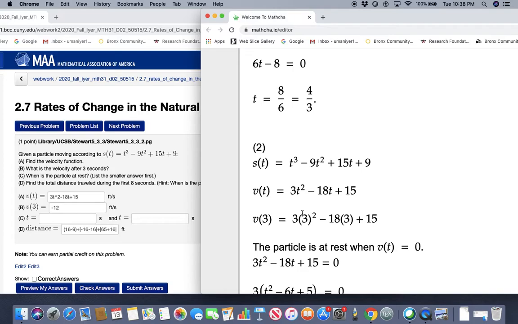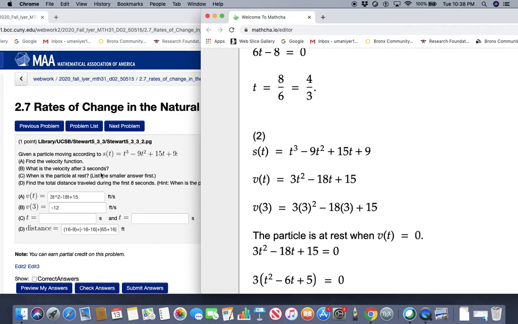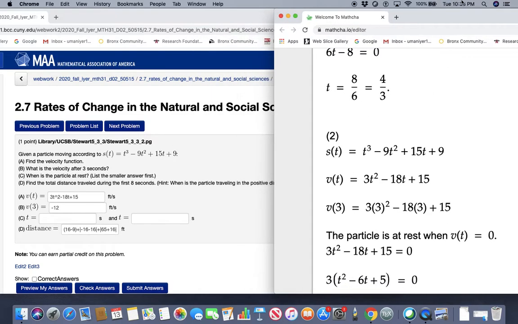You get 3 times 3 squared minus 18 times 3 plus 15. 9 times 3 is 27, minus 54 is negative 27, plus 15. That's negative 12. You could simply write this expression here, but I have calculated it.